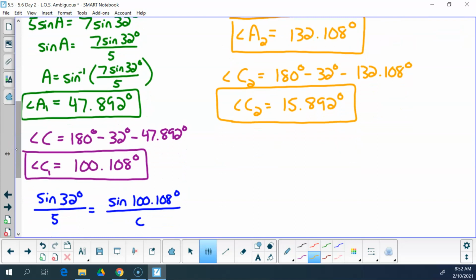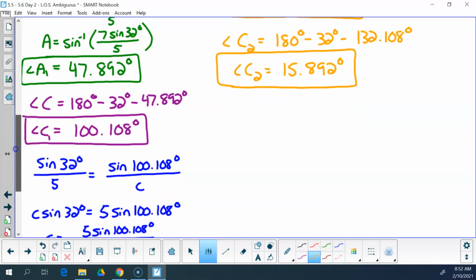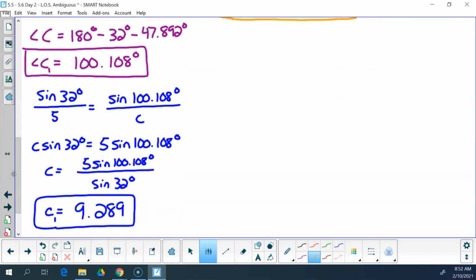And then the third one, you're just going to follow this blue right here. So C is going to equal 5 times the sine of an angle divided by the sine of 32 degrees.